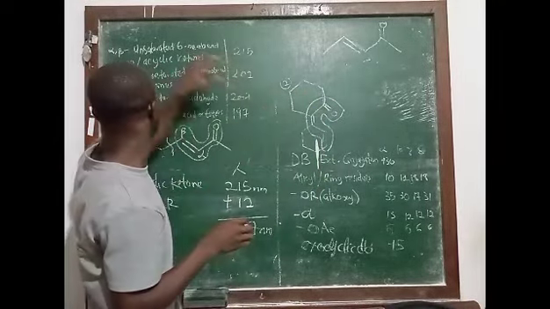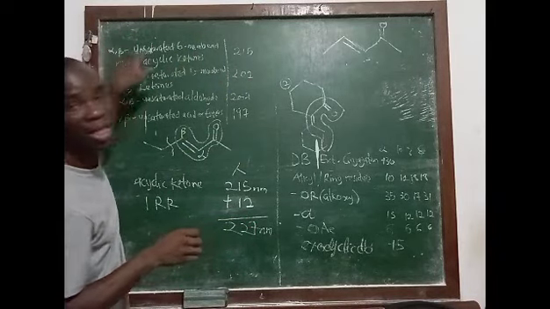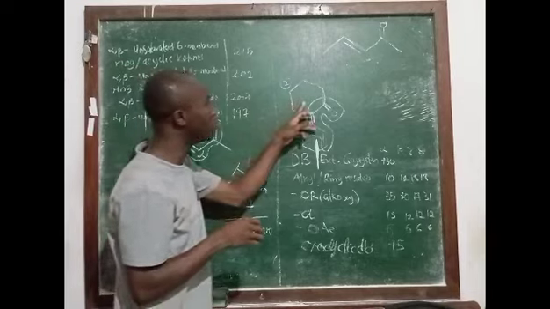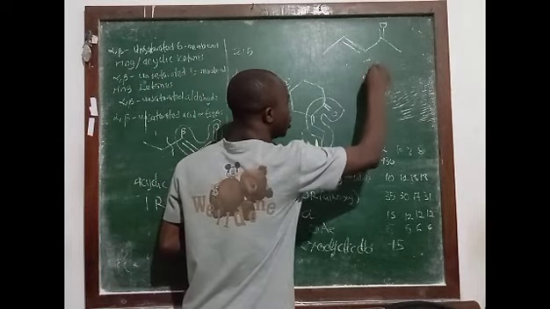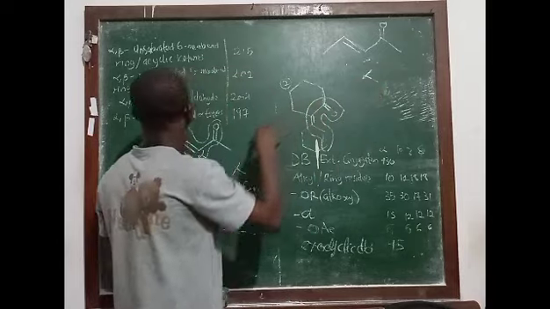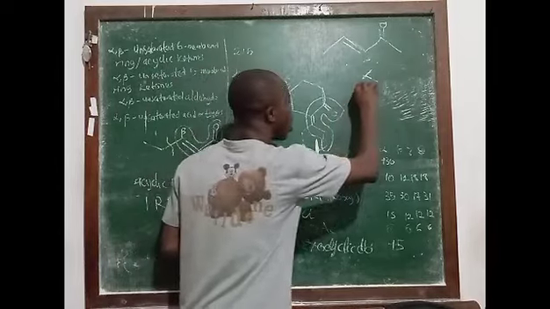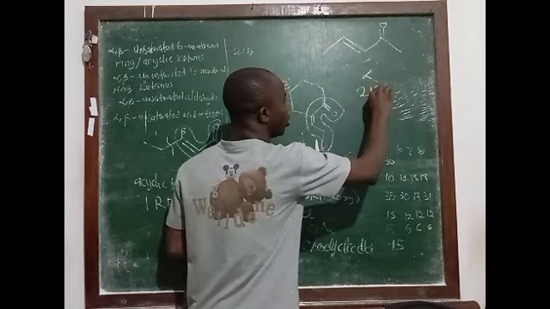So that's what makes it an alpha beta unsaturated 6-membered ring ketone. The basic value for this particular chromophore is 215 nanometer. So we are going to have 215 nanometer.